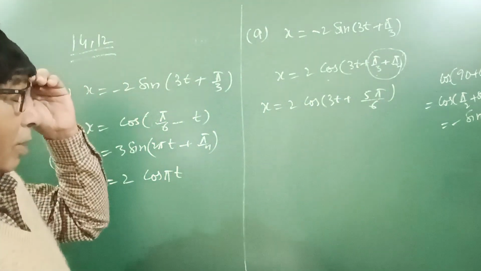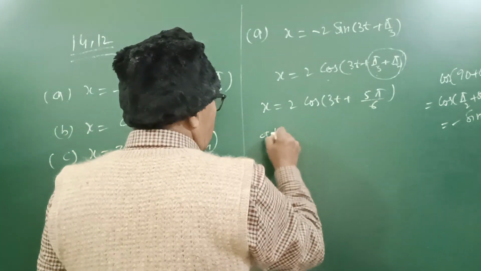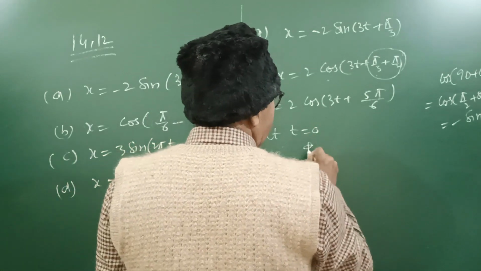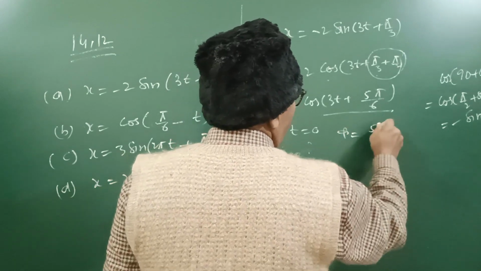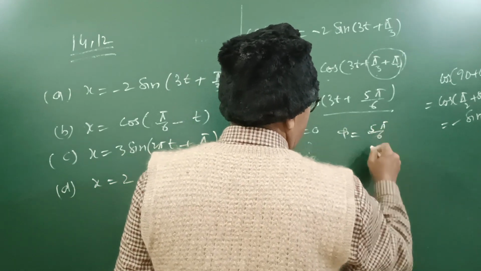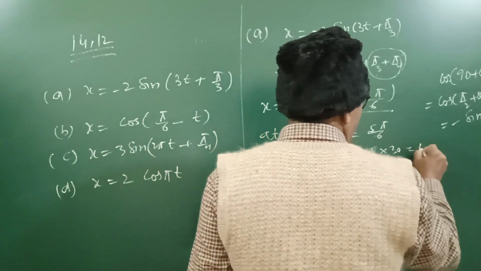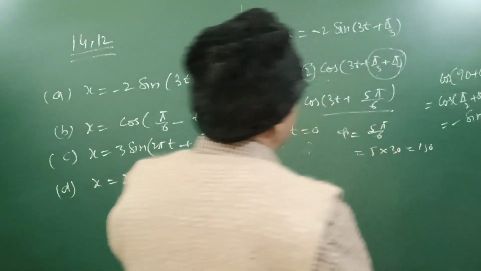So you are asked at t equal to 0, we get initial phase phi equal to 5 pi by 6. It means 5 into 30, 150. A is 2 centimeter, omega is 3.